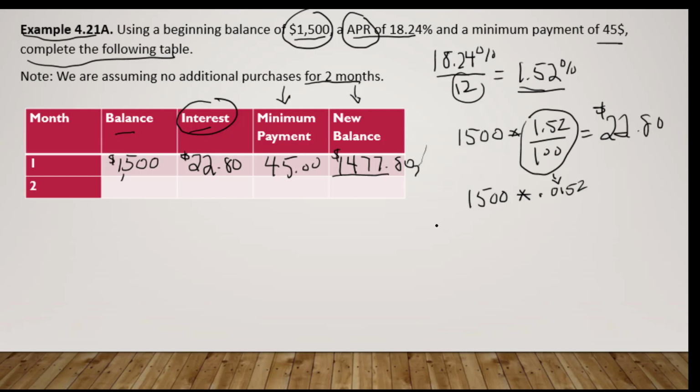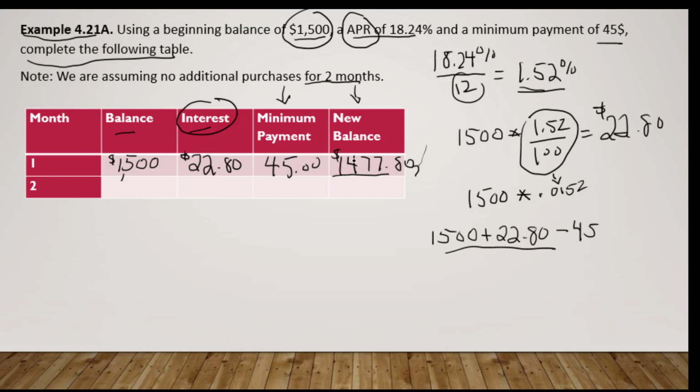Now how did I get that? Well, it's $1,500. That's what you owe. The bank gets paid its $22.80. But you can take off the $45 that you paid to give you your new balance.